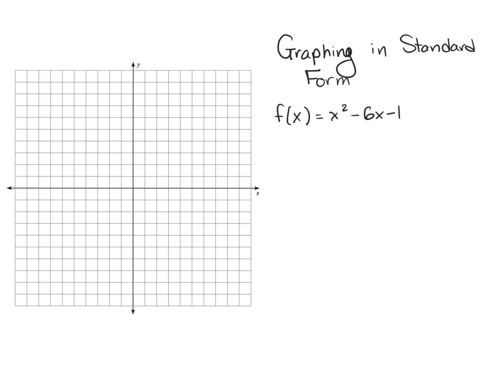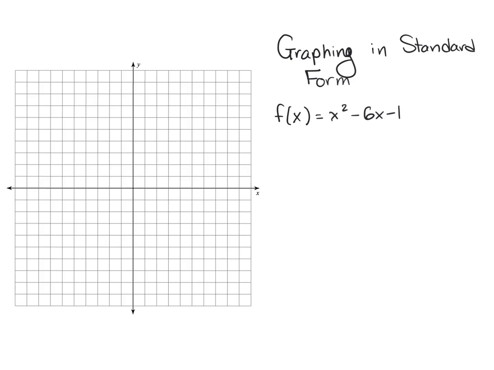Now, one of the nice things about graphing in standard form is that it lends itself, like I said before, really easily into doing things like the quadratic formula or into factoring. We tend to be able to find our x-intercepts pretty easily when a quadratic function is in standard form. We can also find our y-intercept really easily, but what we can't find easily is our vertex.